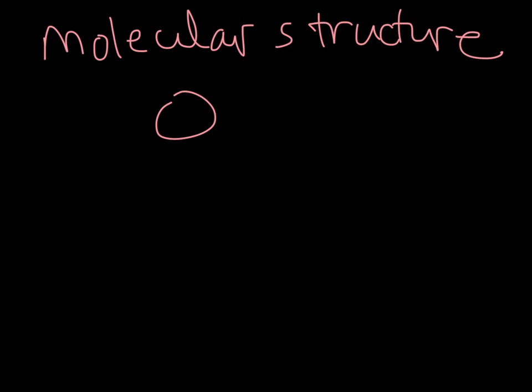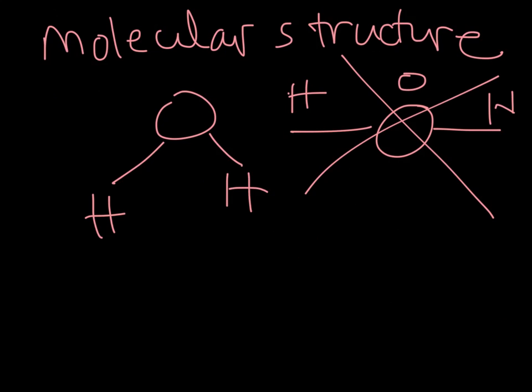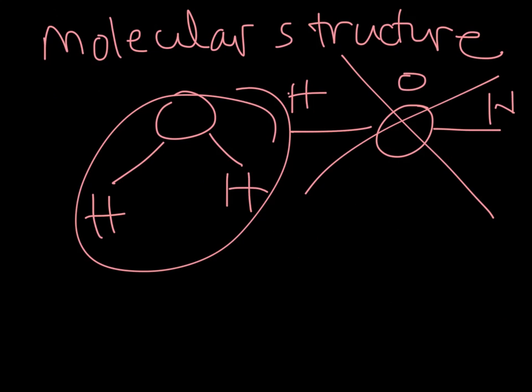Again, if I have an oxygen, it is always going to fit with 2 hydrogens in order to form water, and in this case it is always going to be in this shape. You'll never see an oxygen with hydrogens in this way. It doesn't happen that way. It's always in this 90-degree shape.